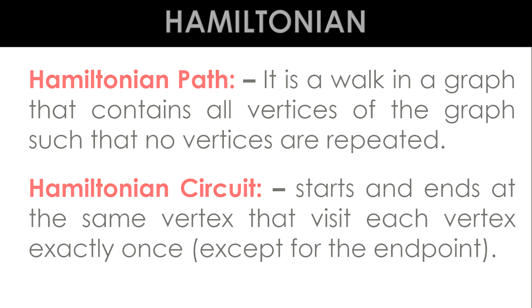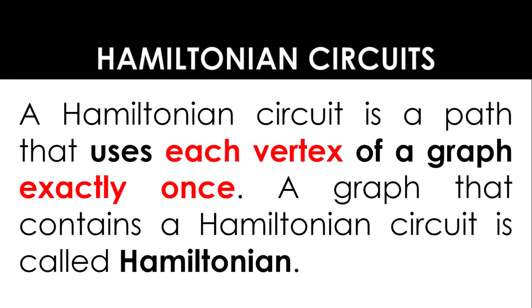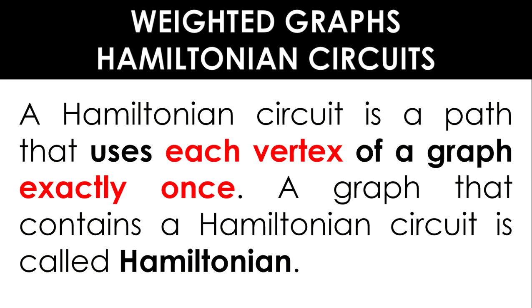Okay, so now let's have a situation wherein we'll have the concept of Hamiltonian circuits and weighted graphs. A Hamiltonian circuit is a path that uses each vertex of a graph exactly once, and a graph that contains a Hamiltonian circuit is called Hamiltonian.